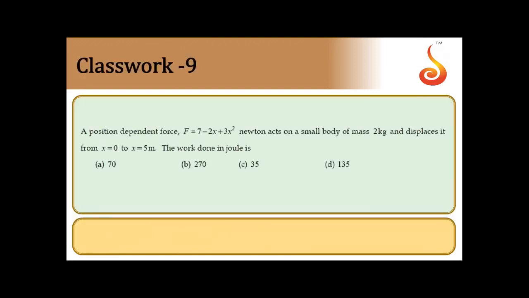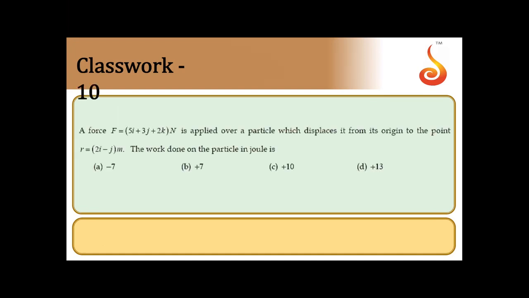Okay, we shall move on to the next one. Position dependent force F is equal to 7 minus 2x plus 3x square Newton acts on a small body. Oh, this is the one which we solved. Okay, a force F is equal to 5i plus 3j plus 2k Newton is applied over a particle which displaces it from its origin to the point r is equal to 2i minus j meter.